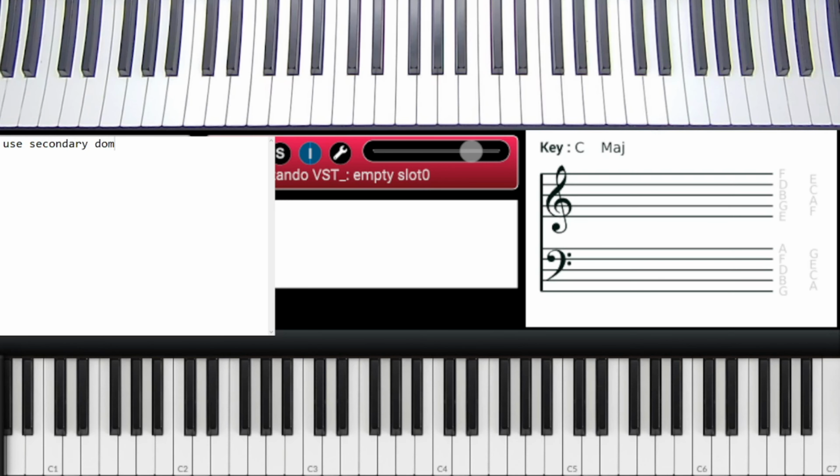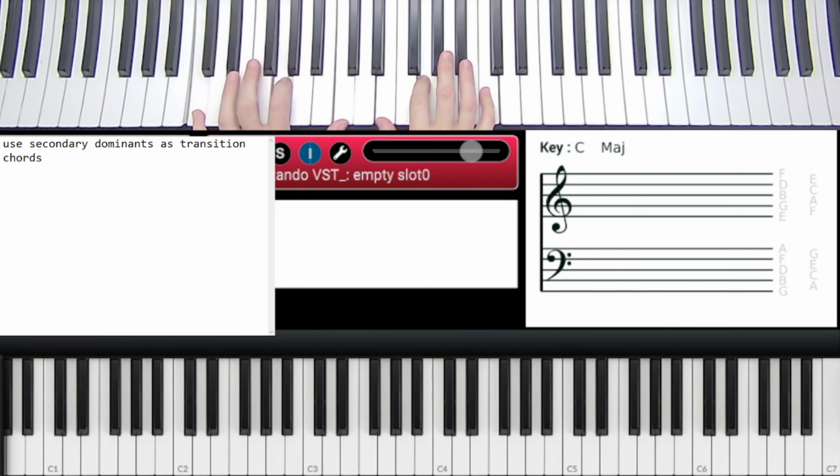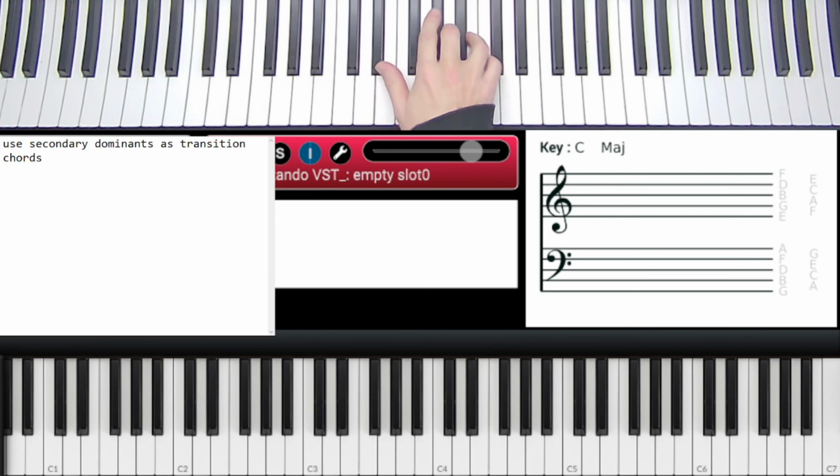So use secondary dominants as transition chords, okay? This is kind of like a direct modulation, but let's say we'll do 5 of 3.